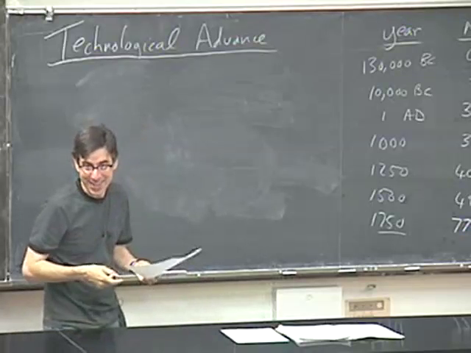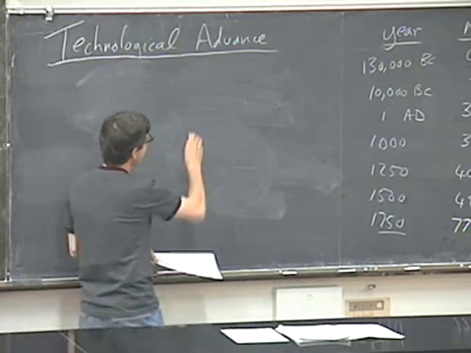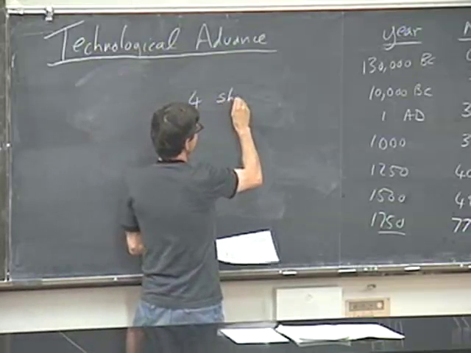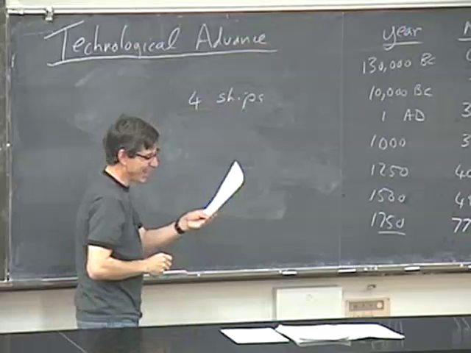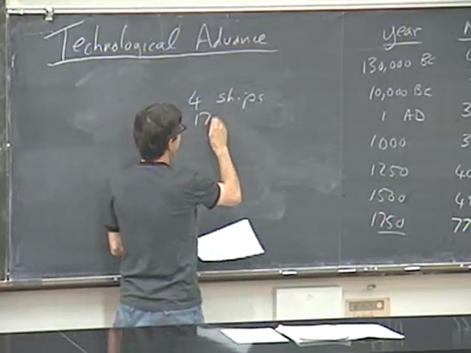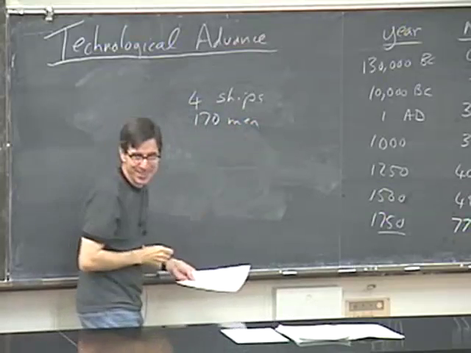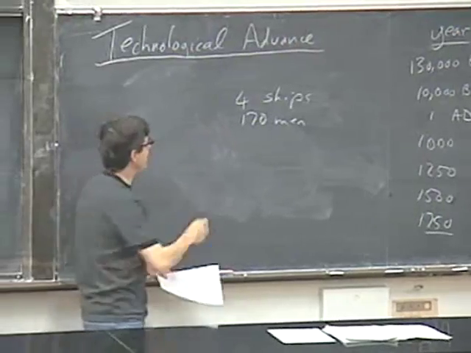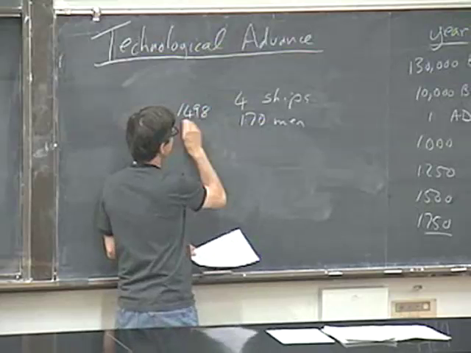And so what happens then is that about 100 years after the Chinese arrive in Calicut, the Portuguese get there. They arrive, instead of in 300 ships, in 4 ships. We believe that they had 170 men. A large fraction of them died on this voyage. And they reached there in 1498.